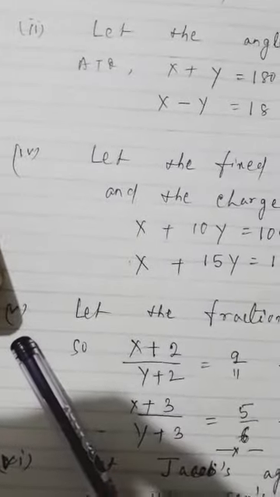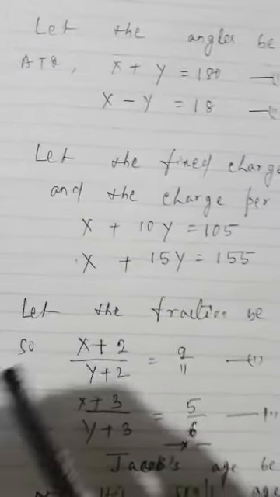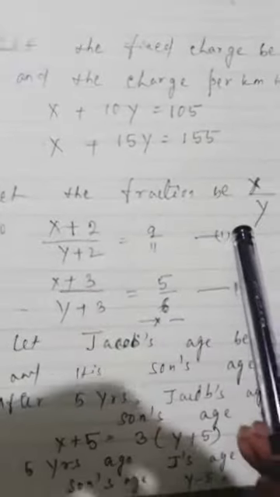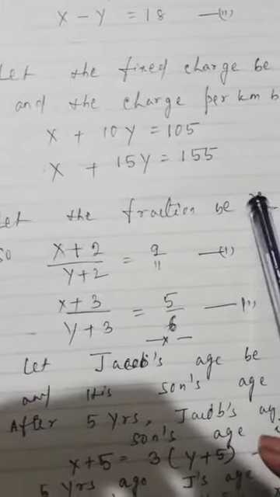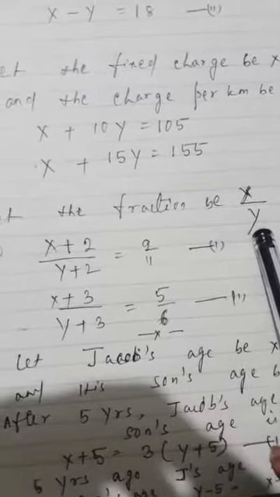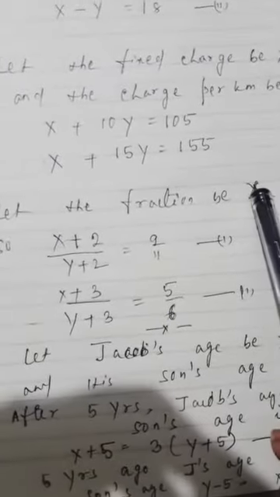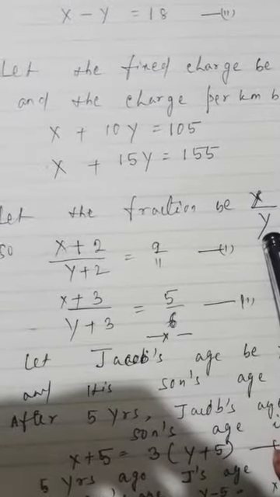Then come to bit 5. In bit 5 what is given? There is a fraction whose numerator and denominator are unknown. So that means the numerator is unknown and the denominator is unknown. So let us take the fraction as x by y.